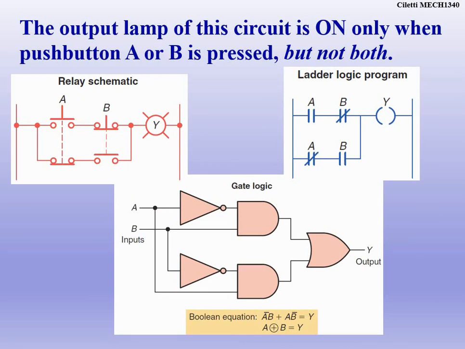If you look down at the bottom of this slide where it says Boolean equation, it's not A and B or A and not B, and notice there's that plus with a circle around it: A exclusively ORed with B. There is a specific chip, the OR gate with the extra bar behind it, that creates this circuit.